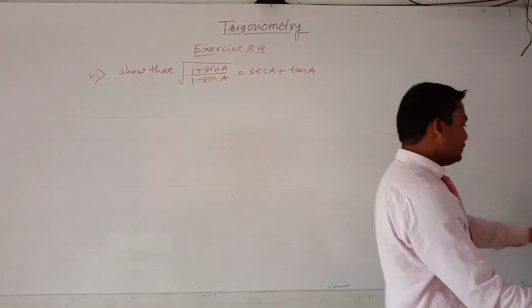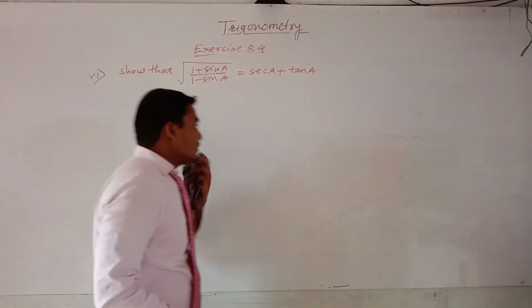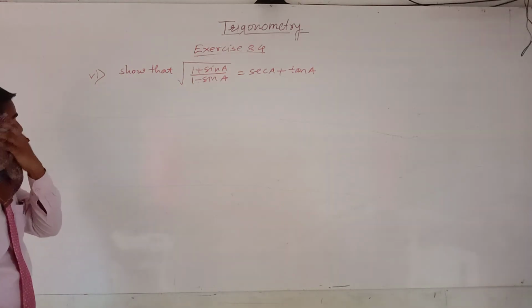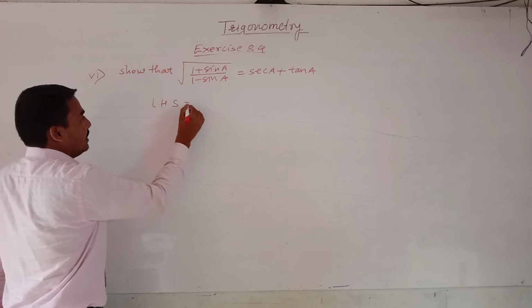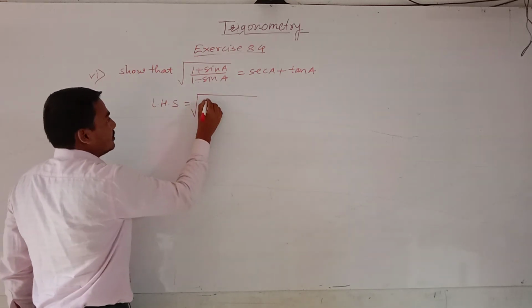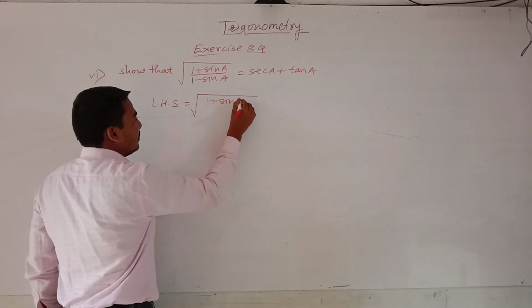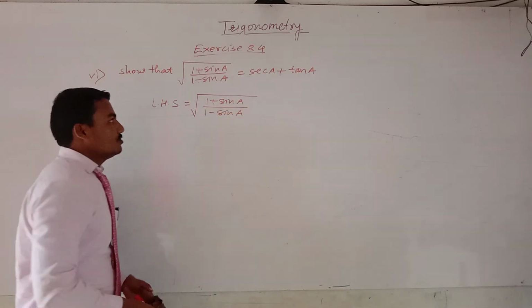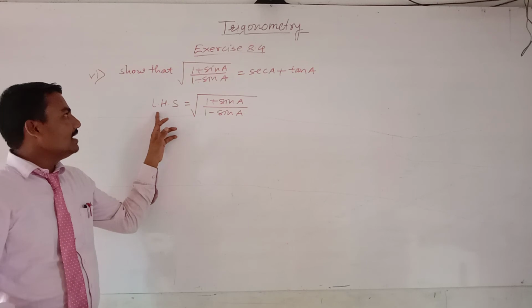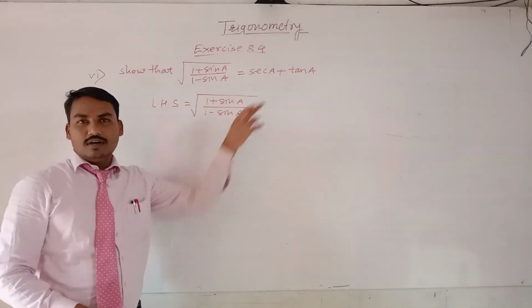Okay. Now what we have to do? We have to take first LHS. LHS is 1 plus sin A, 1 minus sin A. Okay. So we have to solve this and prove that LHS is equal to RHS.